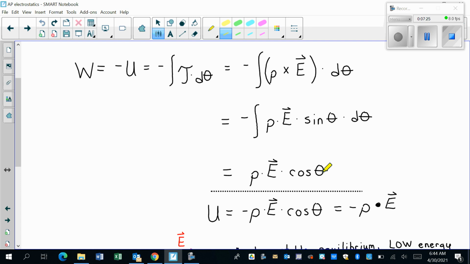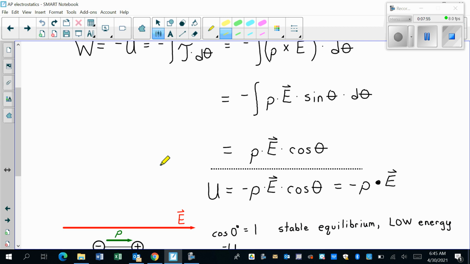Cosine is associated with a dot product. So all of this was giving us a negative or a loss of potential energy. So when I come down here, negative equals the negative on the right hand side here ends up canceling out. So negative U equals positive P E cosine theta. So when we come down here, just slide the negative from this side over here, slide it to right here instead.